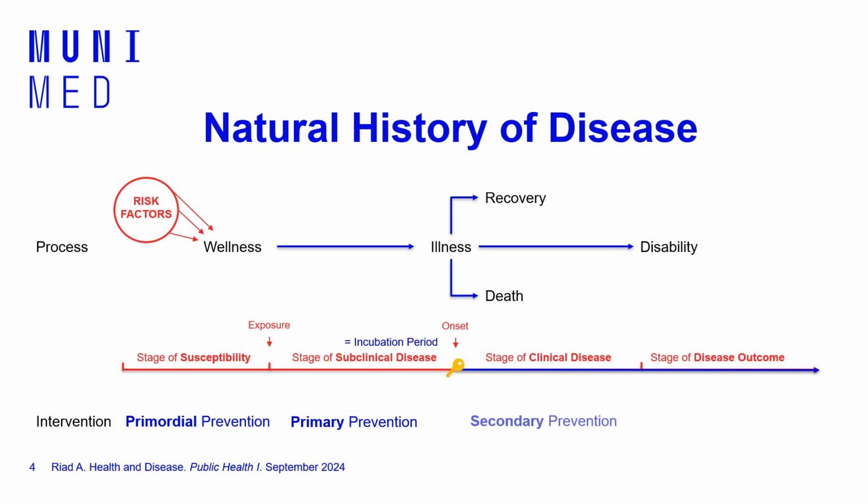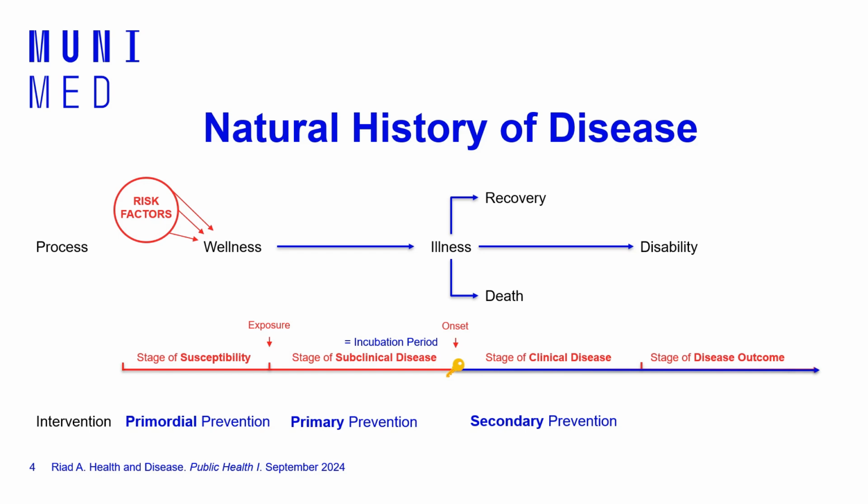Then we have the stage of clinical disease, and before the stage of clinical disease, the humans have already been staying in the subclinical disease. And secondary prevention tries to come here at the point between subclinical and clinical disease in order to find the disease in a very early stage during the subclinical stage and try to cure it.